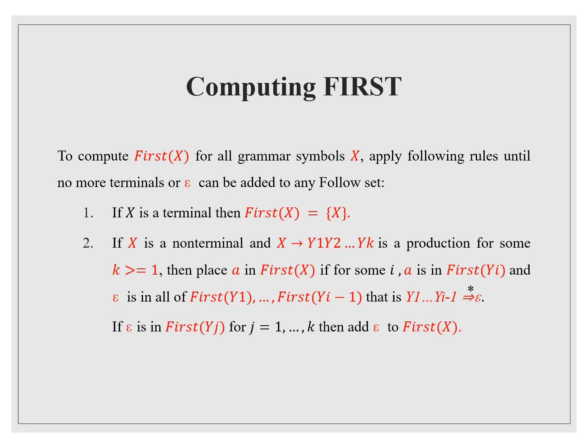If epsilon is in FIRST of Yj for j equal to 1 to k, then add epsilon to FIRST of X. Now consider rule 3. If X derives epsilon is a production, then add epsilon to FIRST of X. Okay, let us study this algorithm with the help of an example in the next slides.